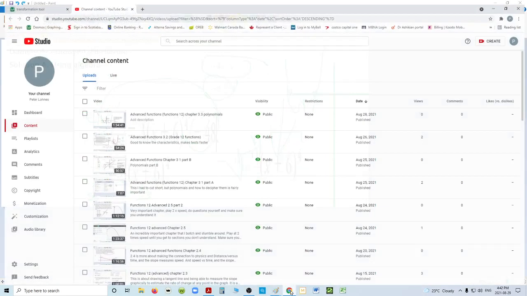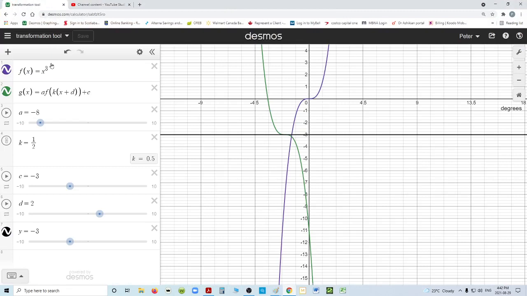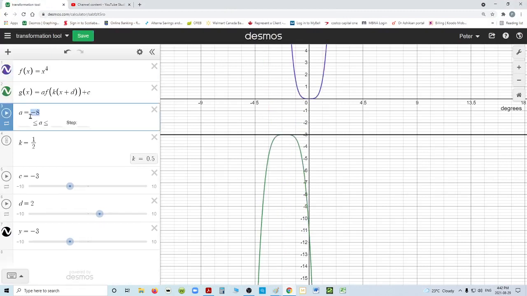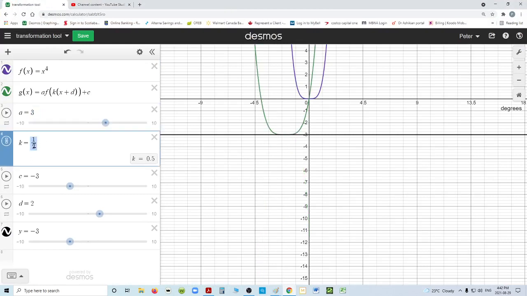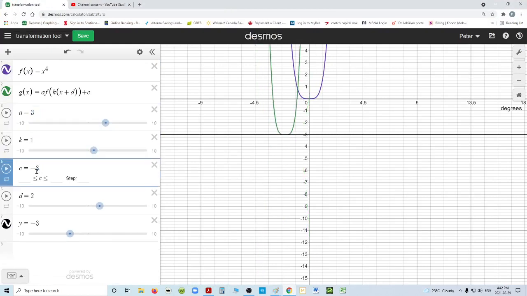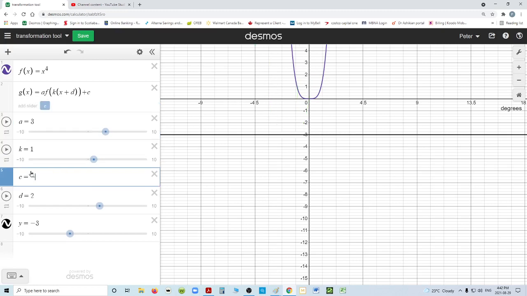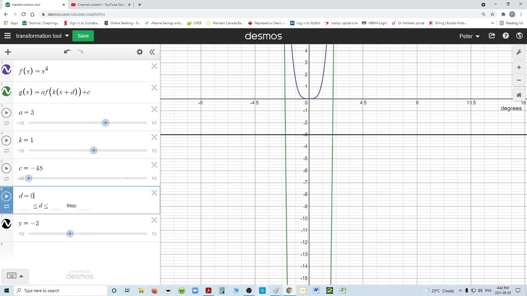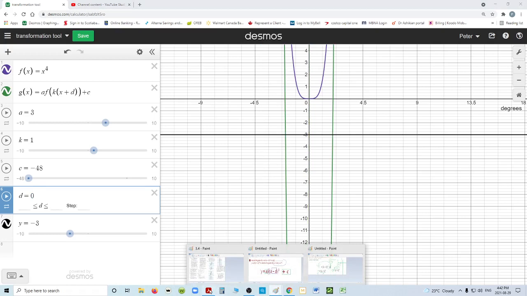And you can always just put it into your values. So the A is 3, I think it was. There was no K. The only C was minus, was it 48? And the D was non-existent, I think. And we'll just have a look again.